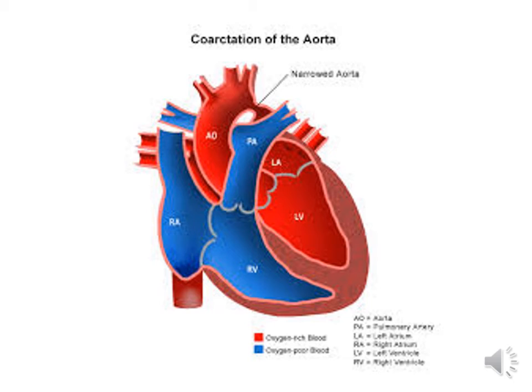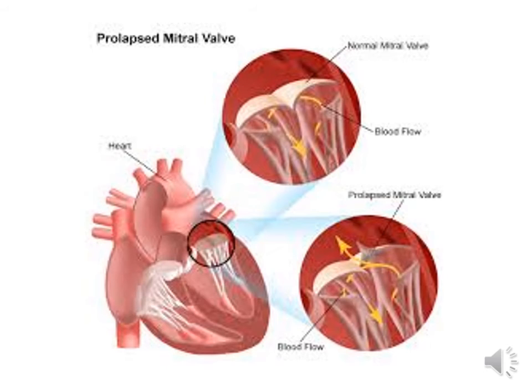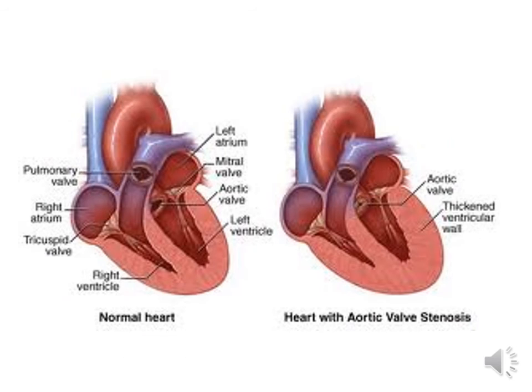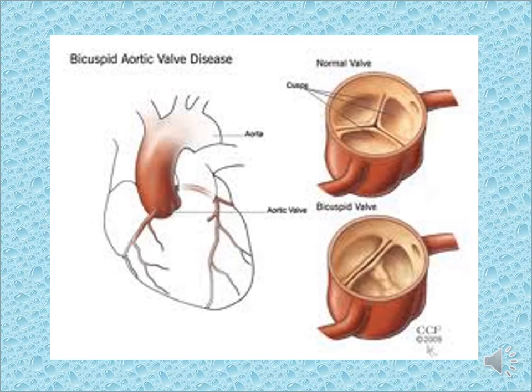Prolapse of the mitral valve is where the valve does not close correctly and not completely, so there is a continuous flow of blood between the ventricle and atrium. This figure shows pulmonary stenosis, where the pulmonary valve becomes thick and does not close completely. In aortic valve stenosis, the aortic valve becomes thick and does not close completely. Also the bicuspid aortic valve disease and bicuspid valve stenosis or prolapse.